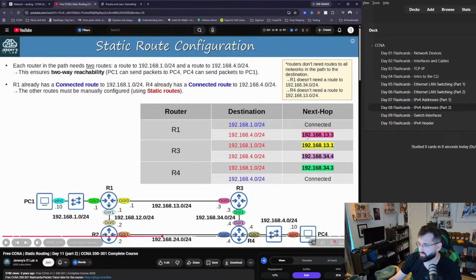So what I don't understand is why we did 13.3. Is it because it's in router R3? And then why did it go to 13.1?